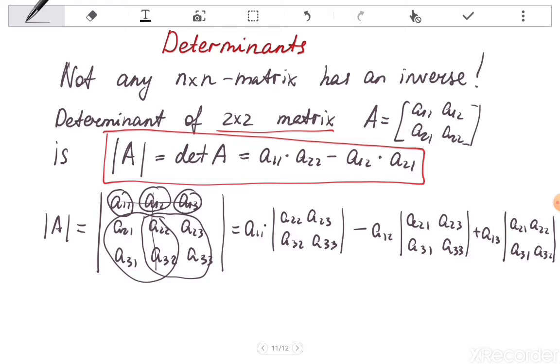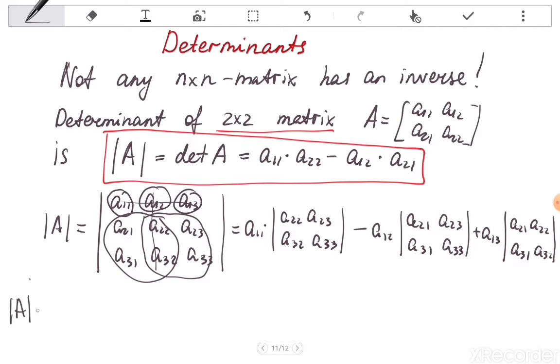So the determinant for a 3 by 3 matrix is defined like this. And like this you can define the determinant of any n times n matrix using the same idea. However, there is also a nice algorithm for finding the determinant of a 3 by 3 matrix.